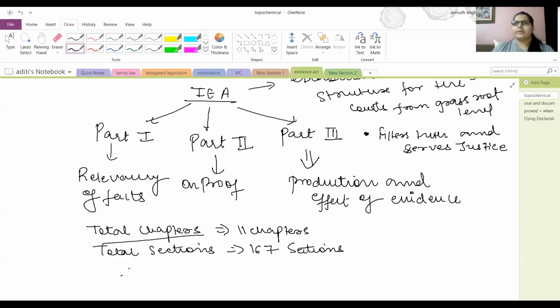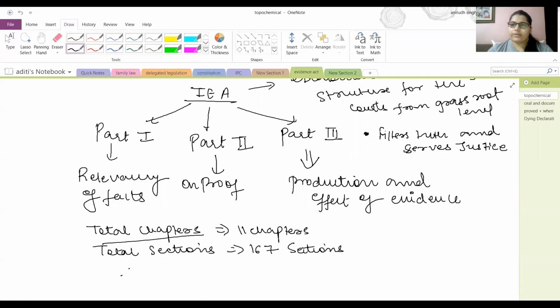After that, let us try to understand what the term evidence means. Evidence has been derived from the word evident or evidere. This means that you try to provide a clear understanding to the court about what is going on in the particular case.